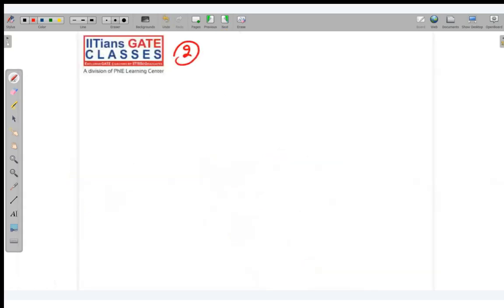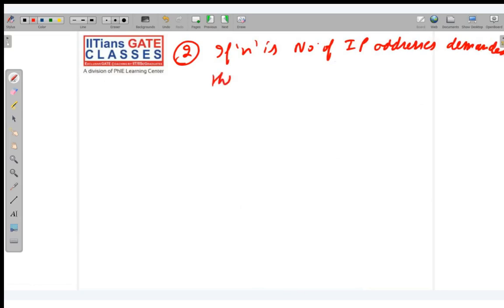So the next restriction is, if n is the number of IP addresses demanded, then the first address must be divisible by n.